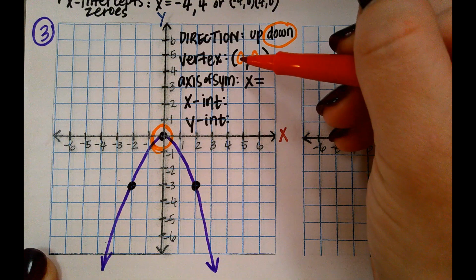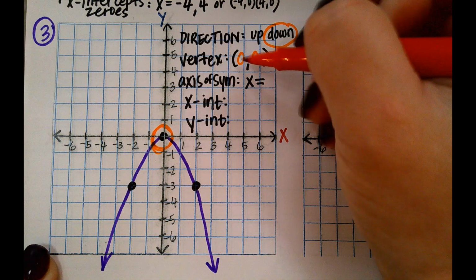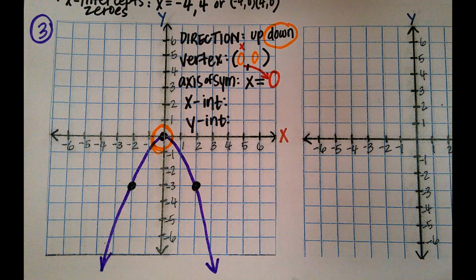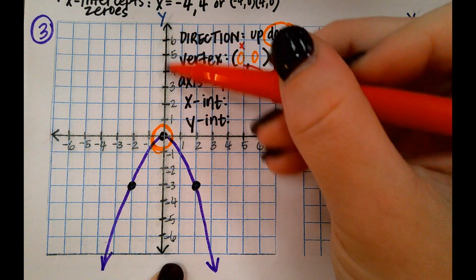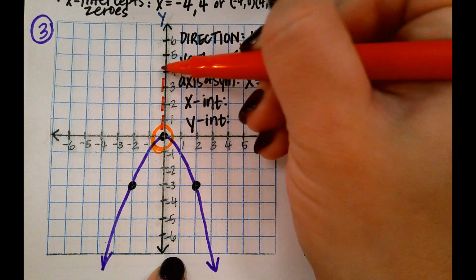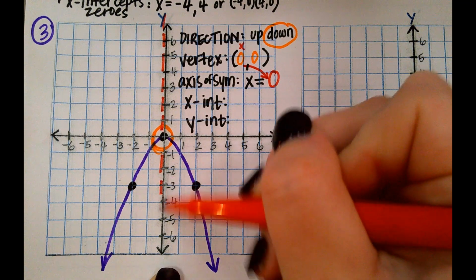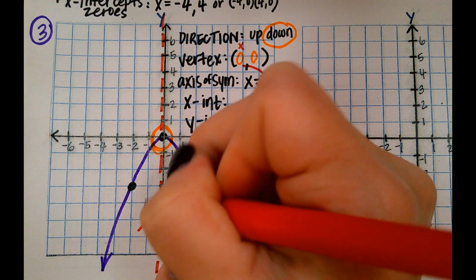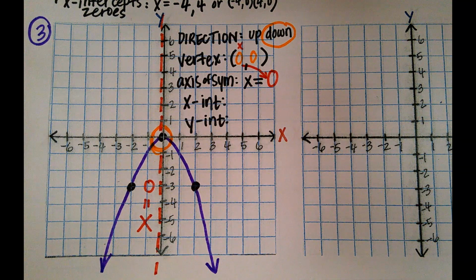Once you have the vertex, the first number you write is also your axis of symmetry. Because look at this, where is this symmetrical? Right down the middle, right there, 0. And draw it in there. It certainly doesn't hurt to write x equals 0 as well, because that's what your x-intercept is going to be. Now, this one I did to kind of trick you.